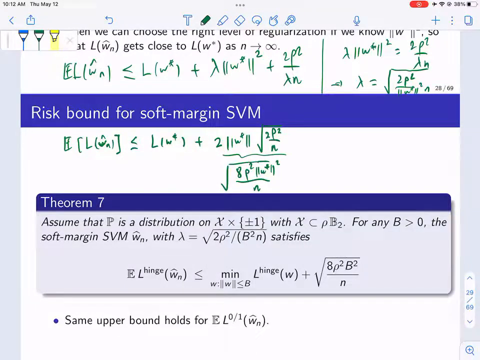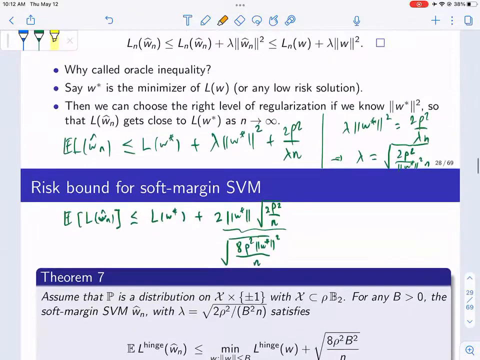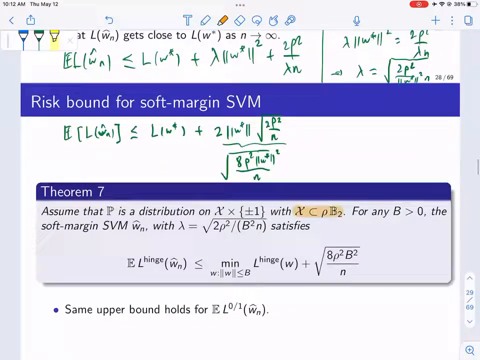So this is the result that you can state for the soft margin SVM. So let's say X is in rho times, so the space of examples are bounded. So X is a subset of all X such that norm X is less than or equal to rho.